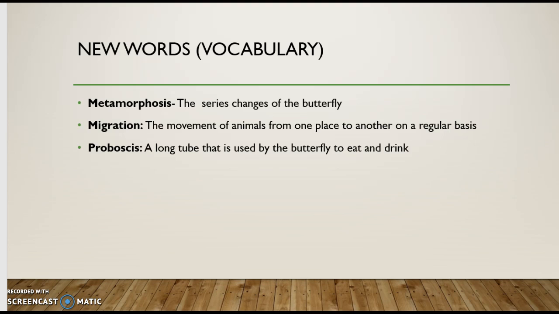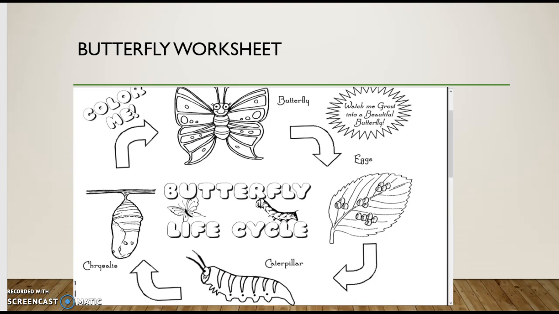So after learning some new vocabulary words, then we're going to go on to a butterfly worksheet. And this worksheet allows them to use their art skills. They're going to learn actually scientific, like a flow chart. It shows them the beginning and the process.